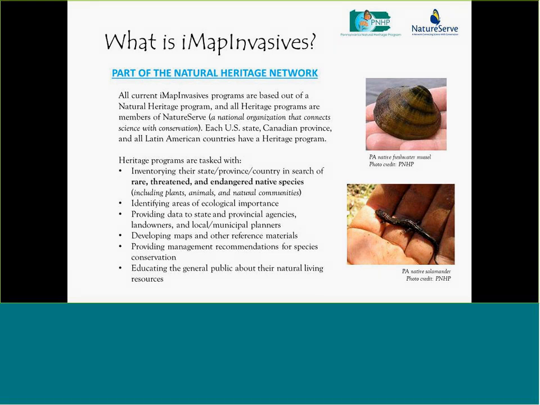Just a little bit more on what some of the heritage programs do. I'll go through the list. They inventory their state or their province in search of these rare, threatened, and endangered species. That includes plants, animals, and also the natural communities that these species live in. They are identifying areas of ecological importance, providing data to state and provincial agencies, landowners, and local and municipal players. Maps are a really big thing, using that information, creating maps, and sharing that information in that way, as well as other reference materials.